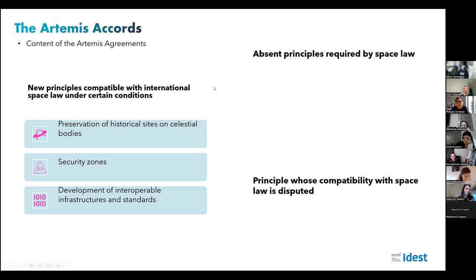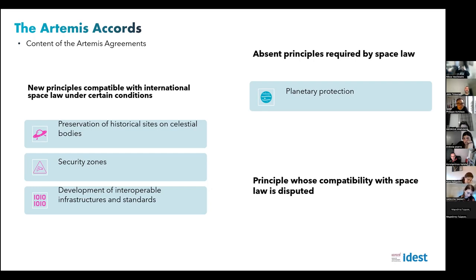Then you have principles absent from the Artemis Accords that yet are required by international space law. First of all, planetary protection, which is a very important principle. Planetary protection means that states have to take measures to avoid harmful contamination of celestial bodies by cleaning procedures or quarantine procedures.